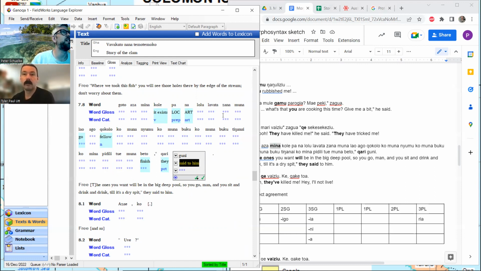The one will exist. Because down here, you sit and drink till it's a dry spit, till it will be dry. Oh. So Mina is right there, and it's not talking about multiple streams. It's talking about a single stream. And I think that's the reason they said one, even though they made it plural, is they're giving us a hint in the translation.